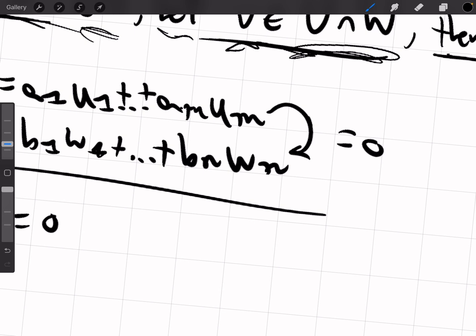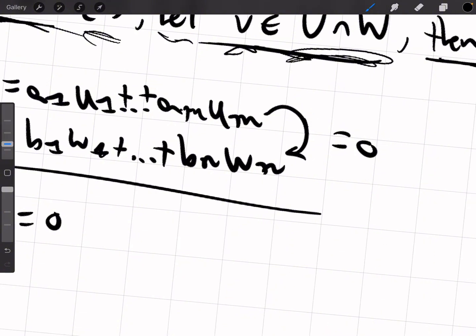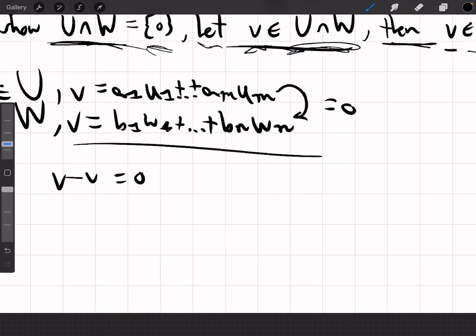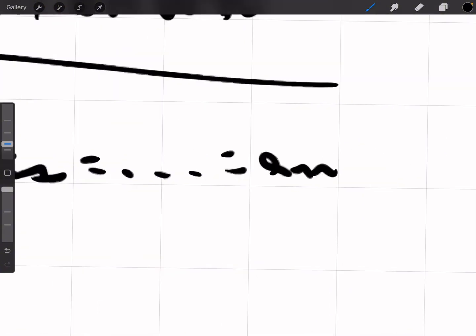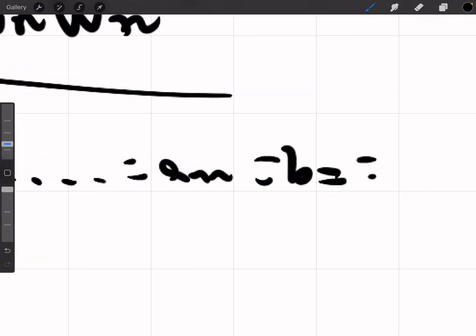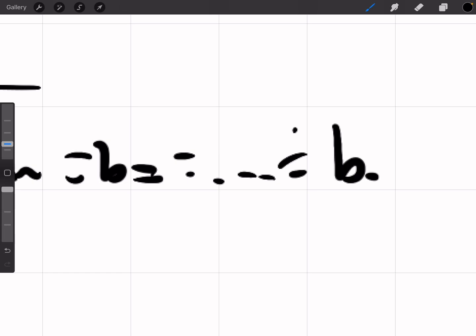And then, because U1 to Um and W1 to Wn is a linearly independent set, the only solution to this equation is when a1 equals dot dot dot equals am equals b1 equals dot dot dot equals bn, okay?